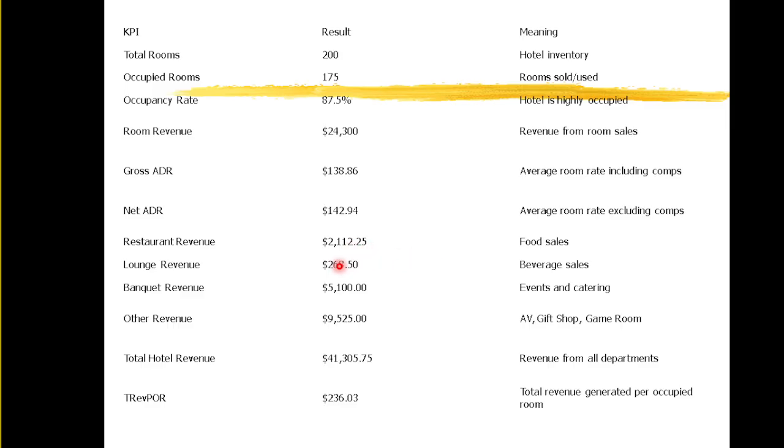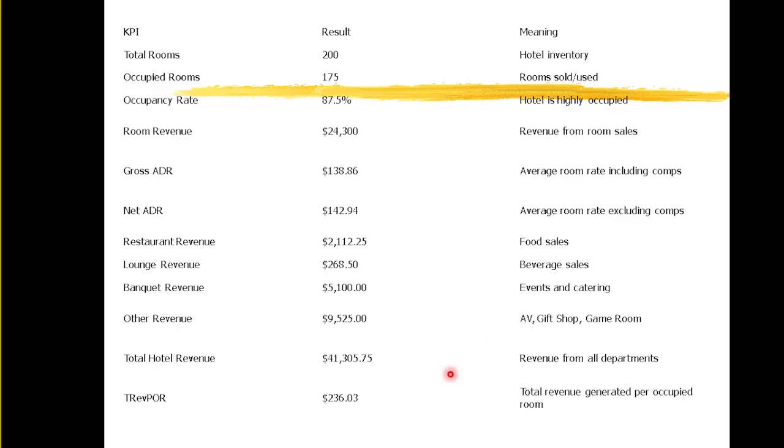It's the food sales, lounge revenue, beverage sales. Then we have the banquet revenue. It's the event and catering services sales. Then we have the other revenue, that's gift shop, game room, audiovisual. It's AV, audio visual, or when you need sound systems.